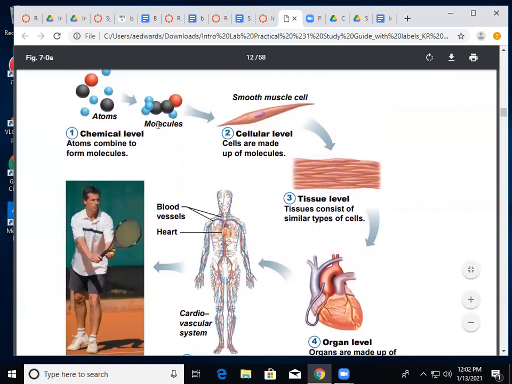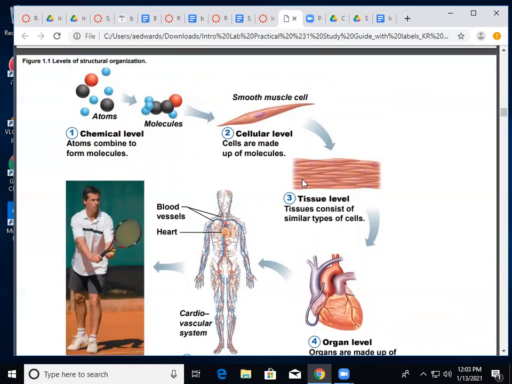Cells are made up of molecules, which are made up of atoms. And atoms and molecules are both considered at the chemical level. The atoms combine to form molecules, molecules combine to form cells. So this is an overview of what we're going to talk about in this course.